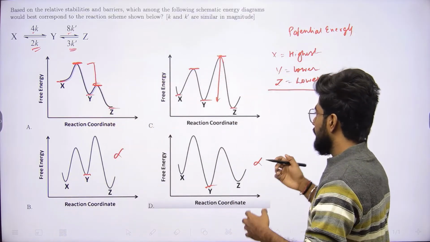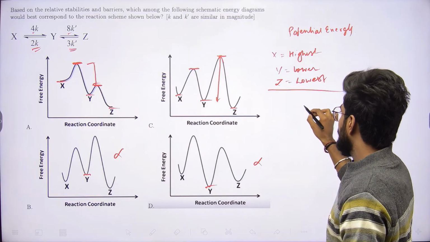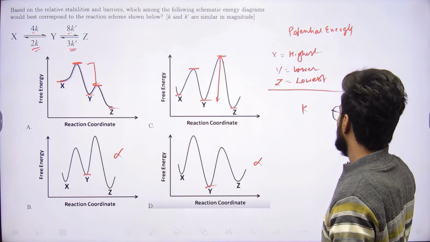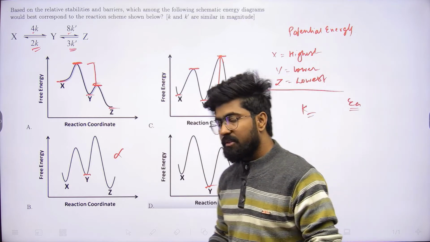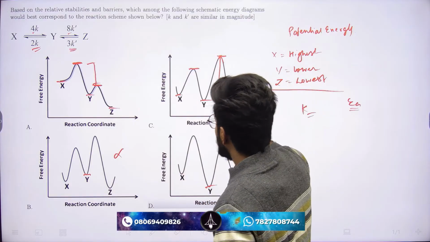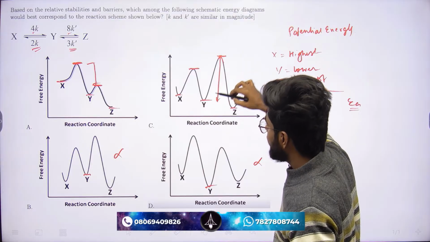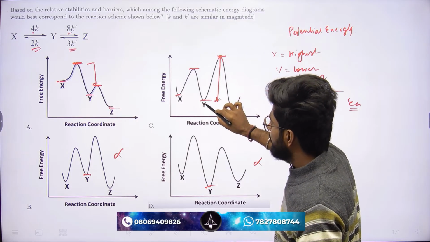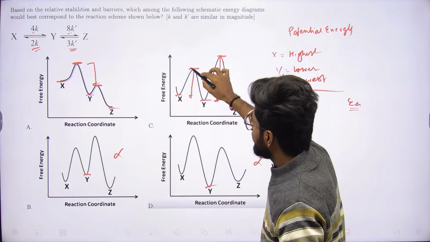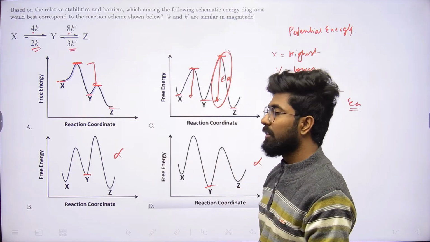You all have heard that very famous equation, the Arrhenius equation, which relates K to the activation energy, and we know that less activation energy will be responsible for a faster reaction. So if the energy gap of the transition state, meaning the activation energy, when we jump from Y to Z is more than this, then the rate should be substantially less when we jump from Y to Z rather than X to Y.